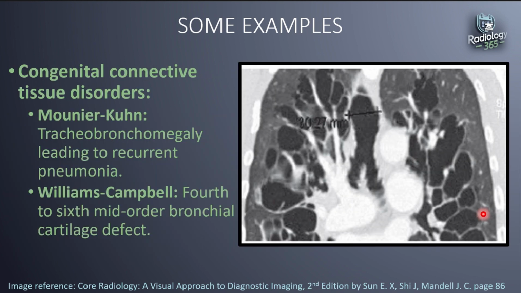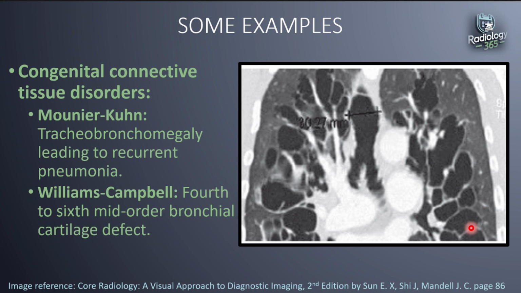Now, congenital connective tissue disorders like Mounier-Kuhn, which is a connective tissue disorder causing tracheobronchomegaly, lead to recurrent pneumonia. There's also Williams-Campbell, which is a rare disorder of the 4th to 6th mid-order bronchial cartilage, which may be congenital or acquired as a sequela of viral infection.